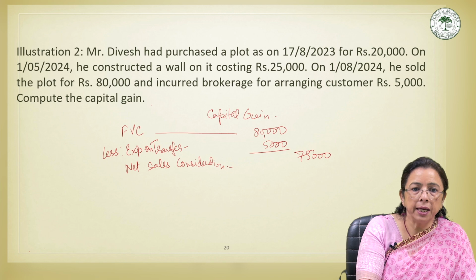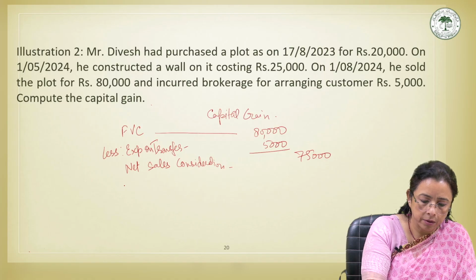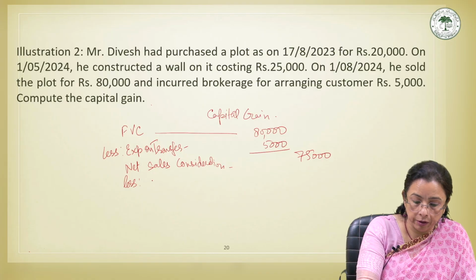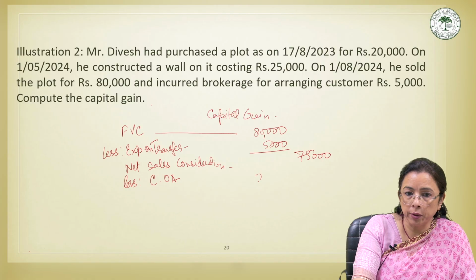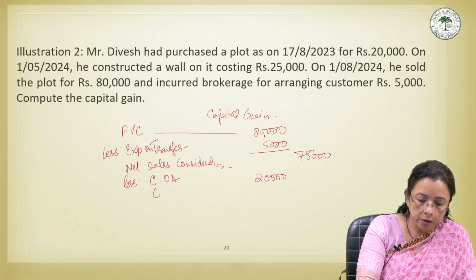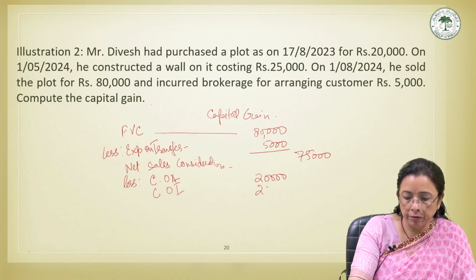Okay. After that, from this, we will again deduct all the allowable expenses, less the cost of acquisition, COA, that is rupees 20,000. Then cost of improvement, that is rupees 25,000.